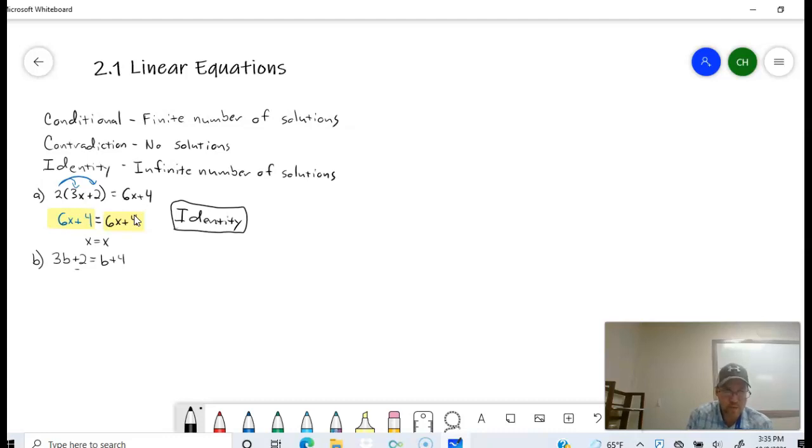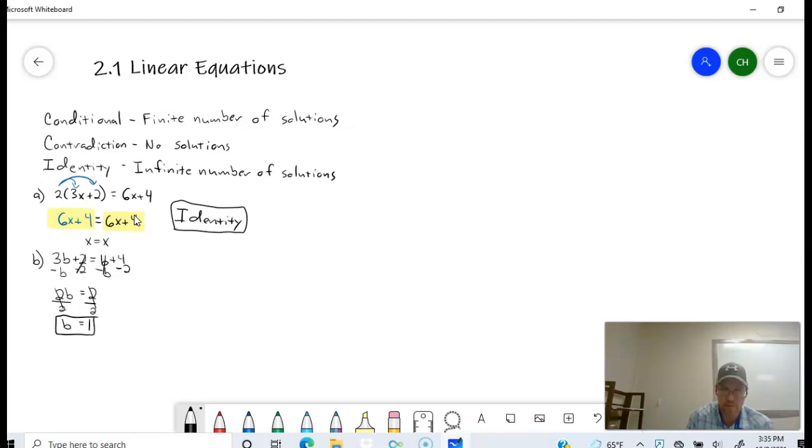I'm going to subtract the 2 from both sides, and I'm going to subtract the b from both sides. Get some cancellation there. 3b minus b is 2b, equals 4 minus 2 is 2. Divide both sides by 2 using the multiplication property of equality, and I get b equals 1.